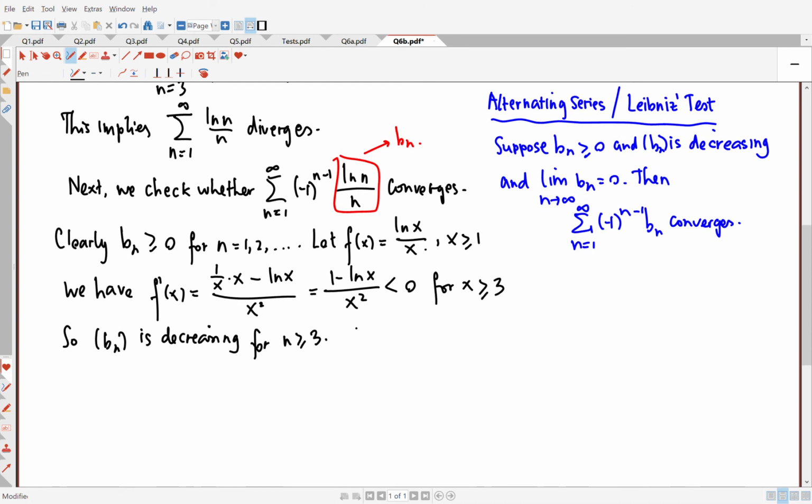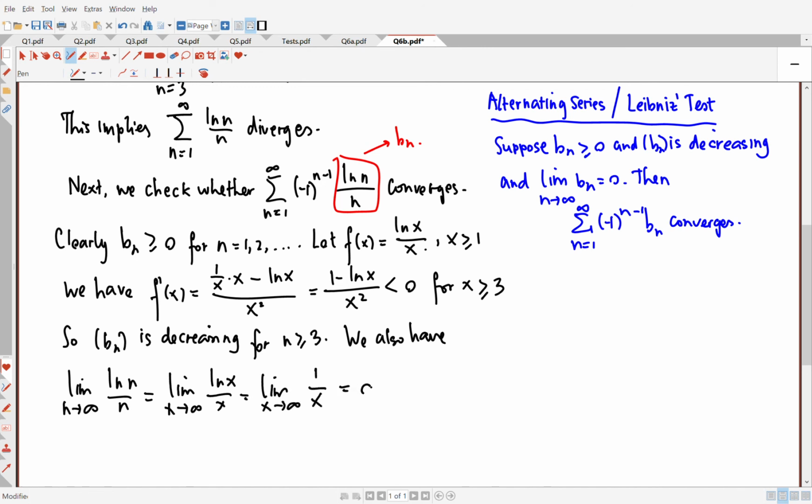And we also have limit n tends to infinity of ln n over n. How to compute this limit? Just need to change the n to x and apply Hospital rule. And this will be 0.